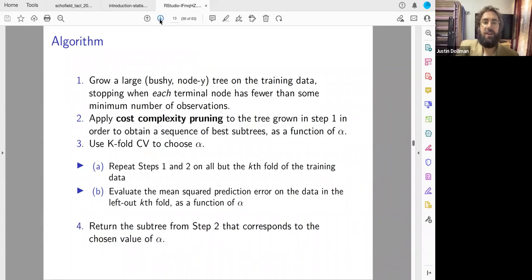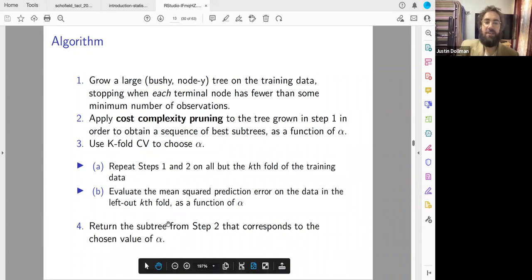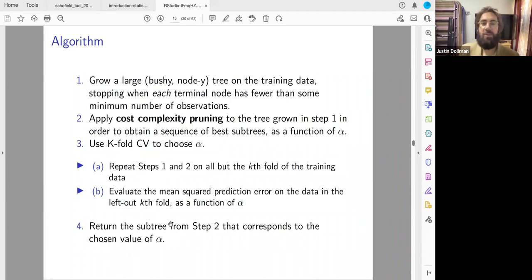Once you've got these estimates of model performance at different levels of alpha, you have your one value of alpha, and you bring back the tree that you grew in step 2, and whichever tree corresponds to that alpha is the one that you take. So I thought that was interesting.